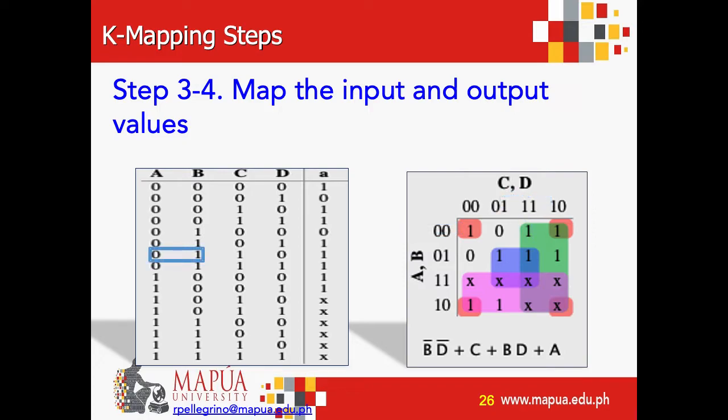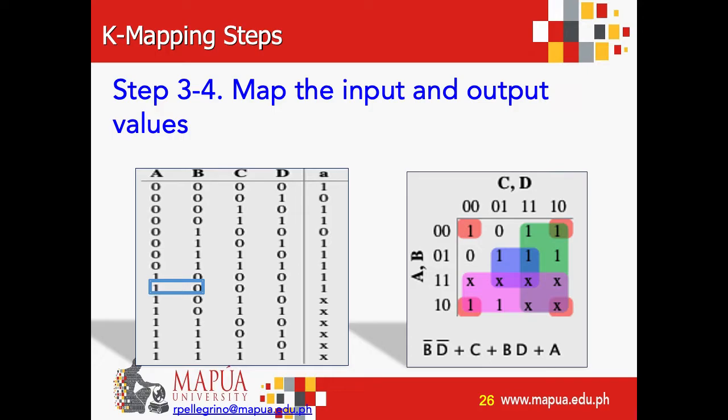Another example will be 0 1, which is the row 0 1 for AB, and column 1 0 for CD. Its intersection is the cell for the output, which is 1.